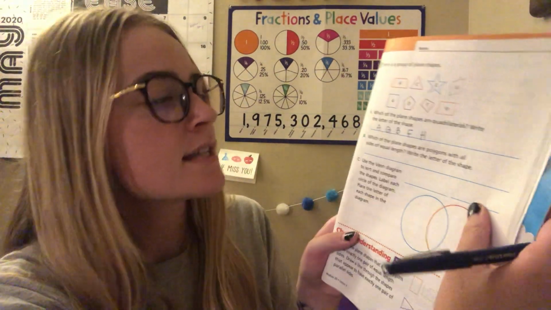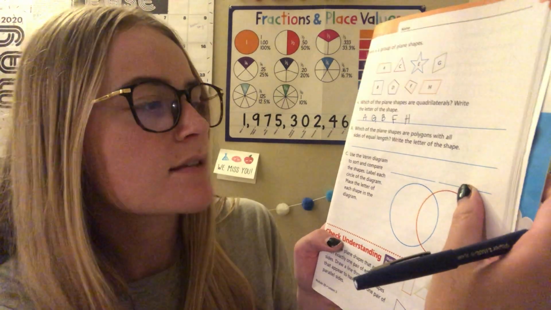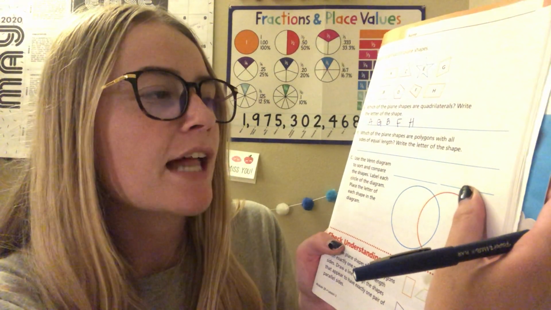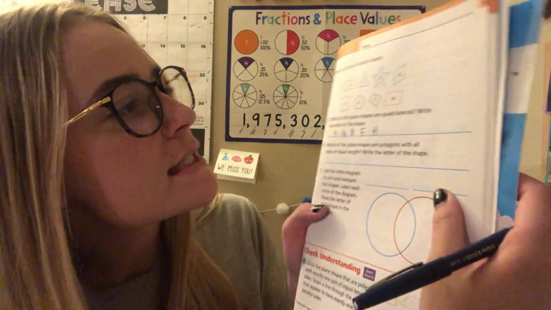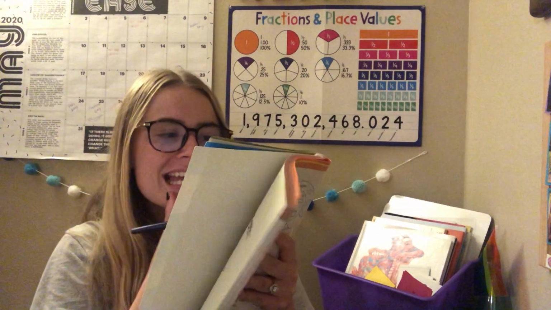And then it says, which of the plane shapes are polygons with all sides of equal length? Write the letter of the shape. Now let's see. I would say only B and G, maybe D and C. C for sure, actually. Oh, I want to say E. I'm going to say E. Am I right, book?